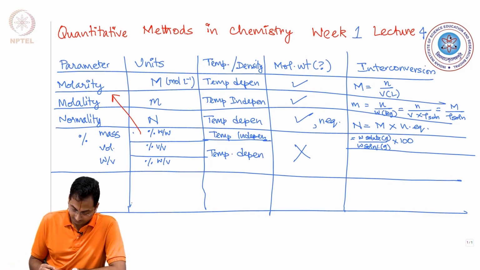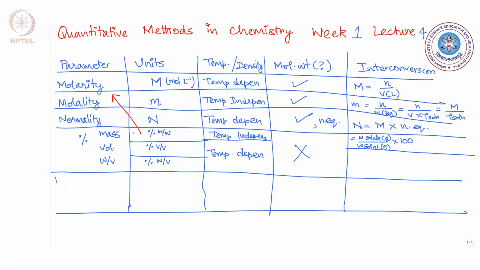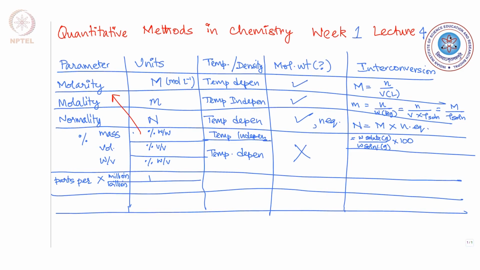So, the other entity that we saw here was parts per x. So, this could be parts per million or billion. So, this also goes as ppm and ppb, and ppm roughly translates into 1 milligram per 1 liter. On the other hand, ppb goes as 1 microgram per liter.